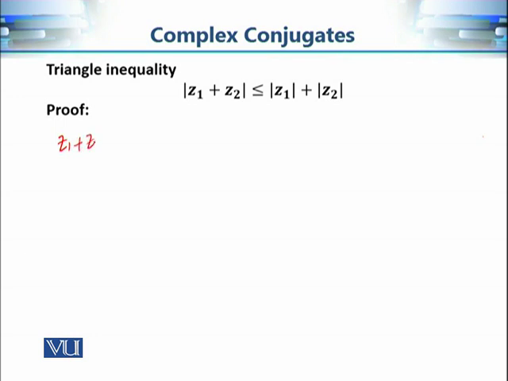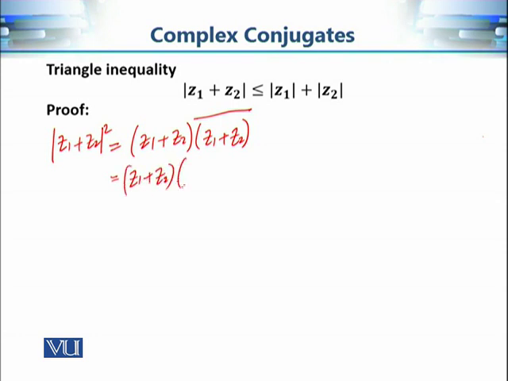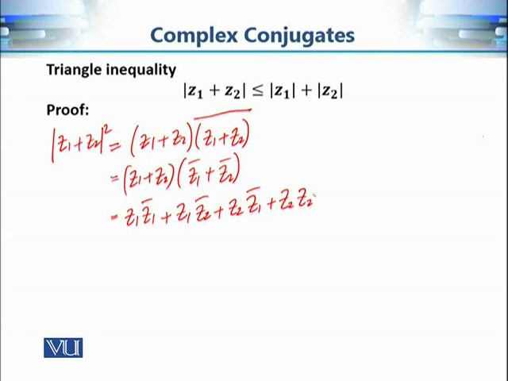If I start from the square of the modulus of z1 plus z2, using previous properties, this is equal to z1 plus z2 multiplied with the conjugate of z1 plus z2, which is equal to z1 plus z2 multiplied by z1 conjugate plus z2 conjugate. Now if I multiply these two expressions, I will be getting z1 z1 conjugate plus z1 z2 conjugate plus z2 z1 conjugate plus z2 z2 conjugate.